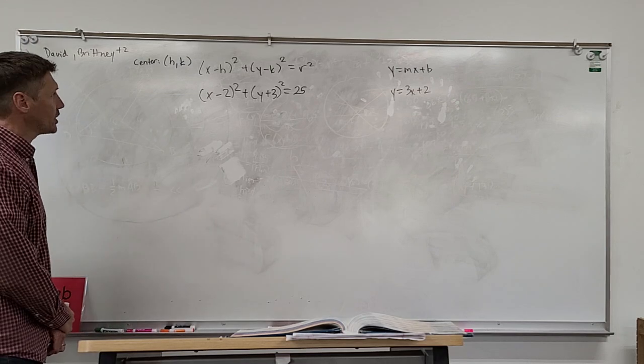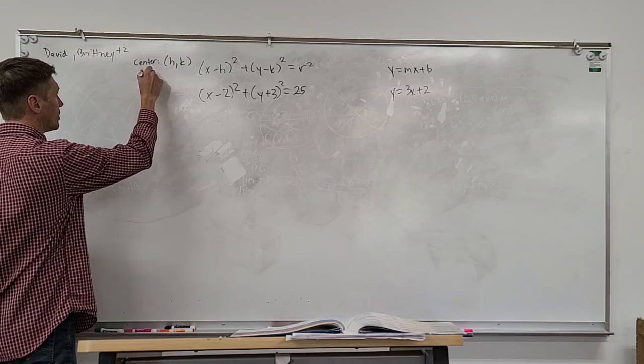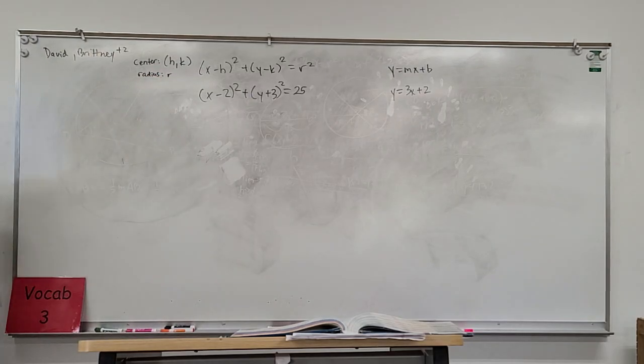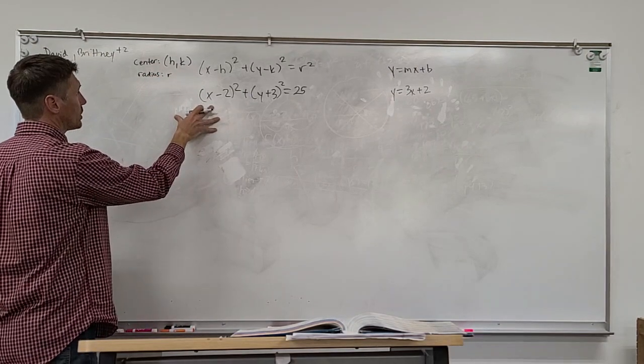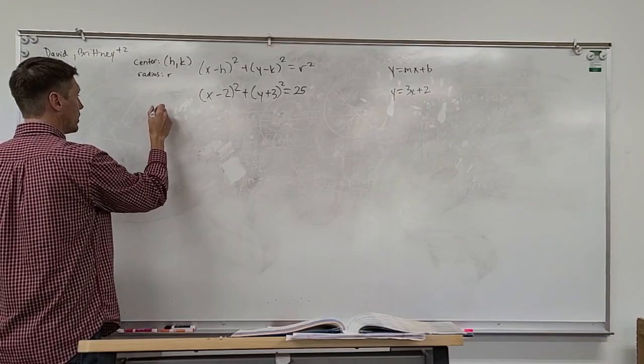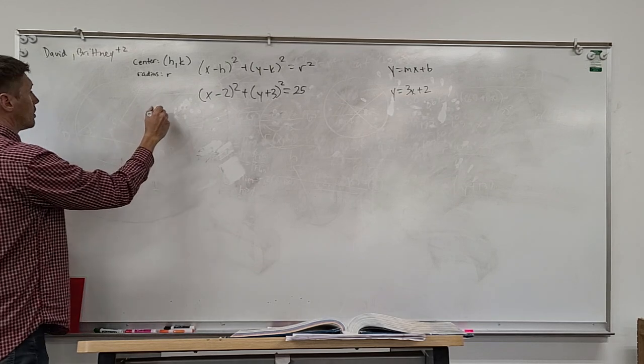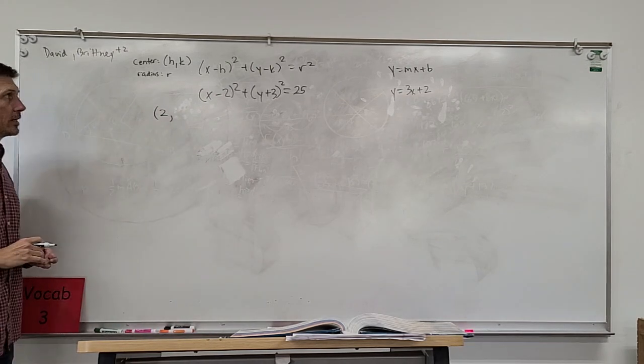So the center is (h, k), and the radius in that first equation is just r, right? And so if we have an equation for a circle that looks like this, what's my x coordinate for my center going to be? 2. Here's the tricky one.